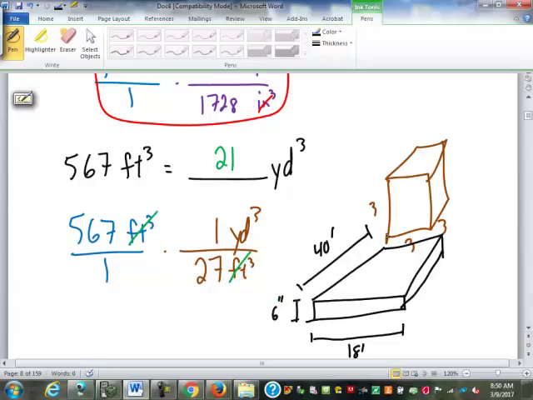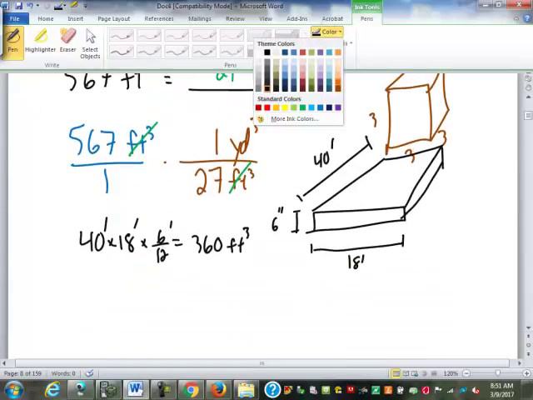Your cubic feet of concrete there is 40 by 18 by 6/12. That's 6 inches thick, right? Which is 360 cubic feet. Those are all in feet. That's why I made the 6/12, because it's now in feet. So it's 360 cubic feet.